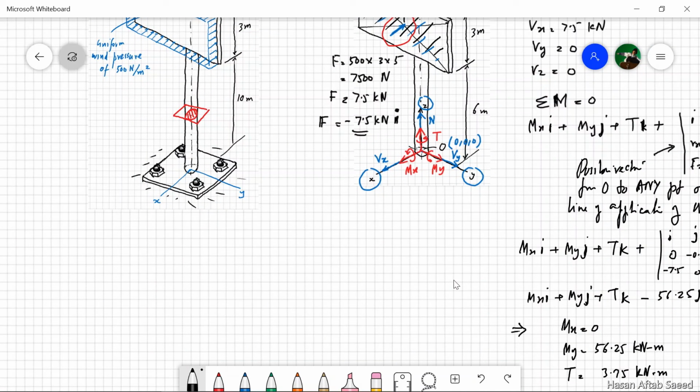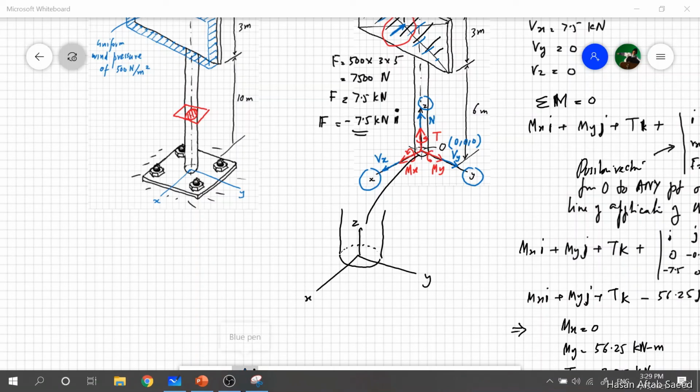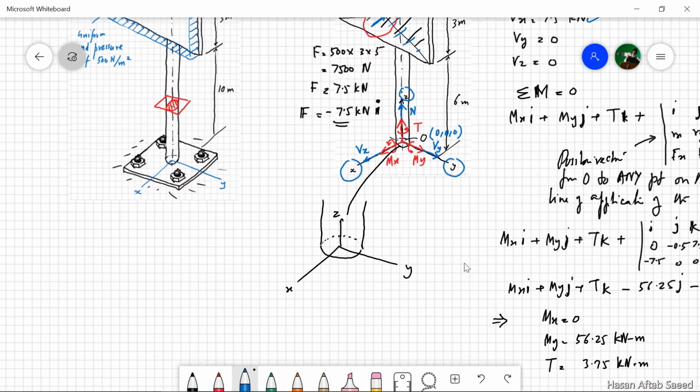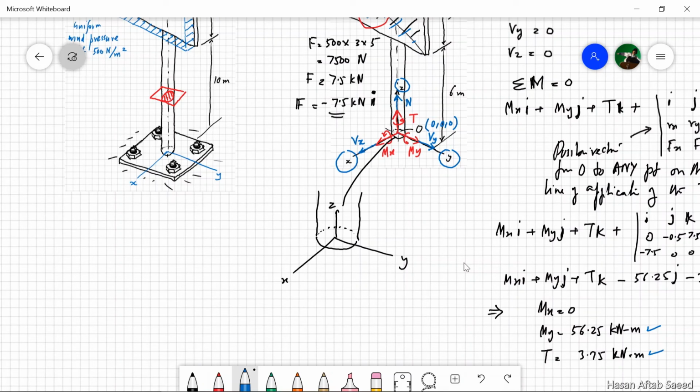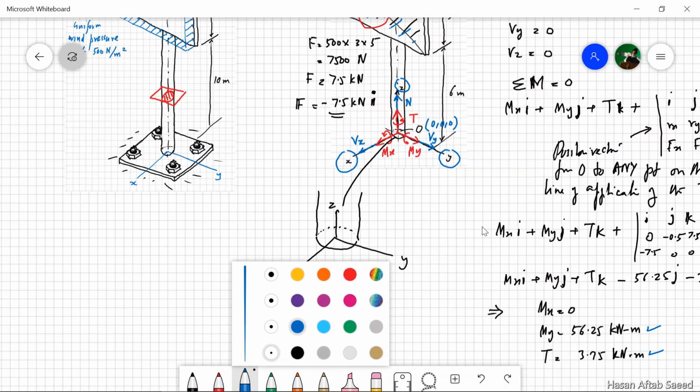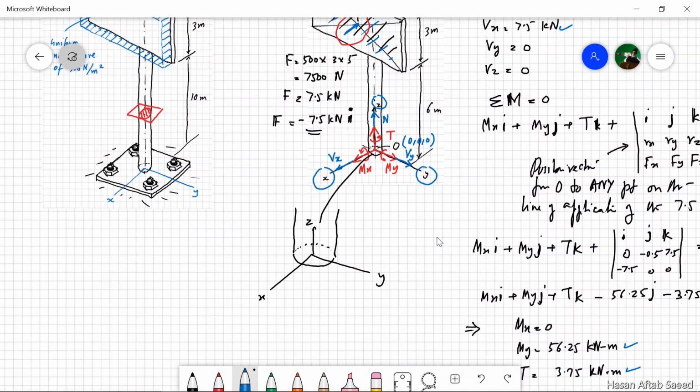Now let's summarize our results that we have calculated for point O. This is the x axis, this is the y axis, this is the z axis, and as far as the non-zero components are concerned, we have one force component which is non-zero, and two couple moment components that are non-zero. Let's show the force first, which is 7.5 kilonewton in the positive x direction.